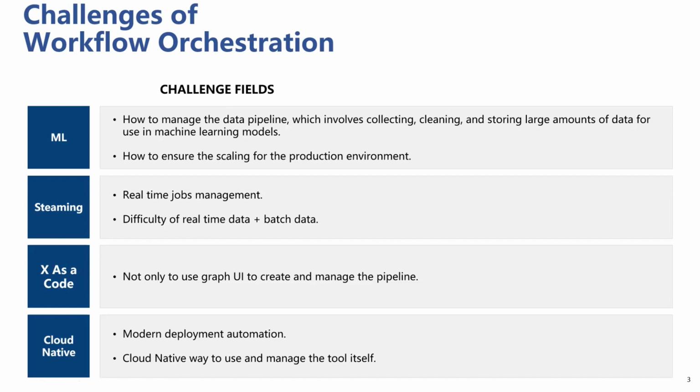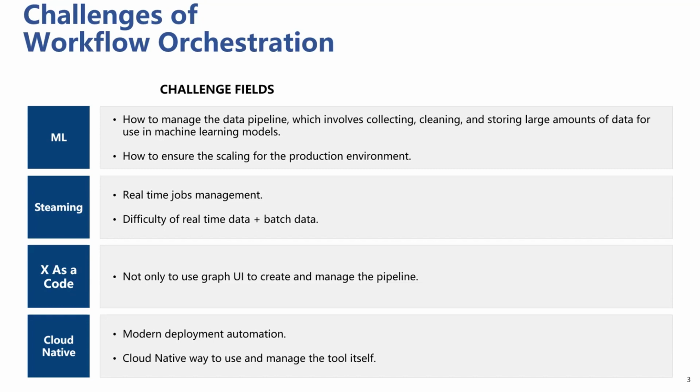Sometimes we need tons of graphic card machines to do large-scale machine learning. The second is data streaming: how to have better engagement with real-time jobs management, and how to solve the difficulties of integrating real-time data and batch data.